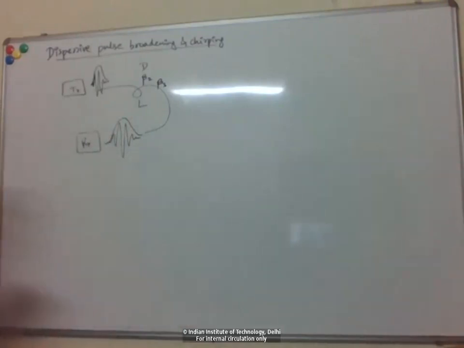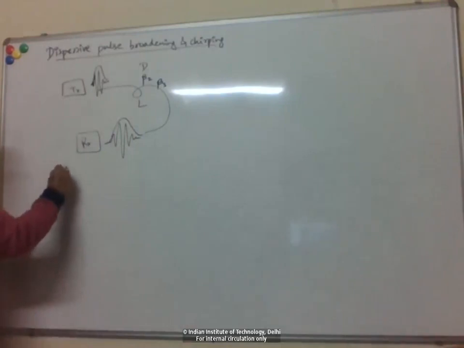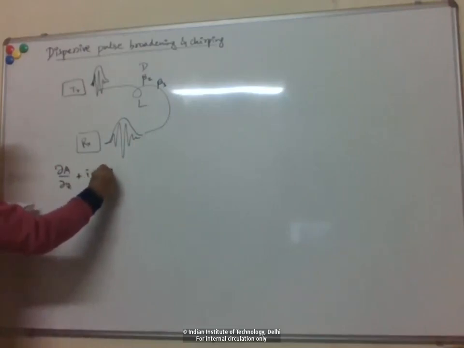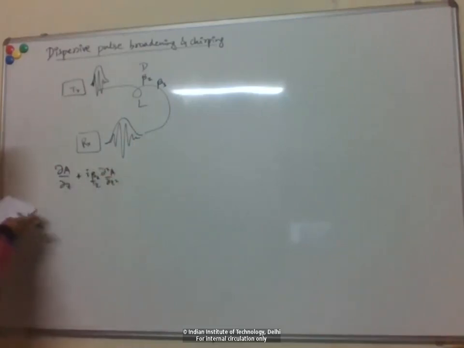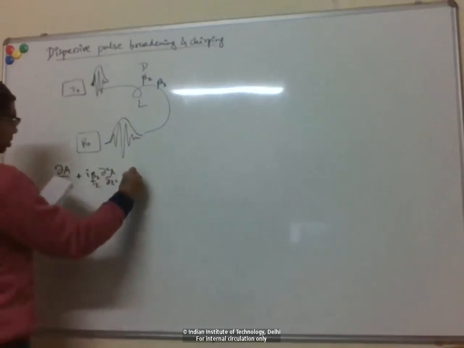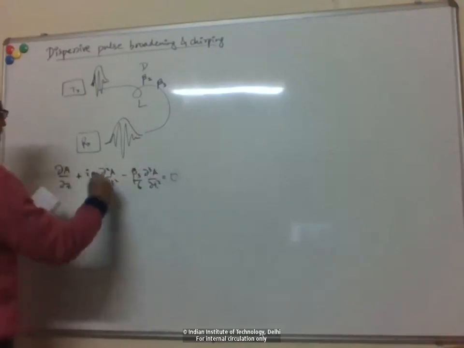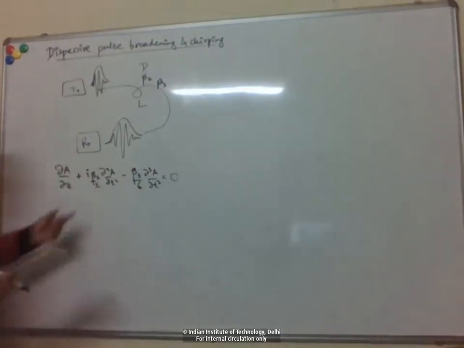right? So using this pulse propagation equation, we recall that was something like this, right? So if we include up to third order dispersion, it looks like that.